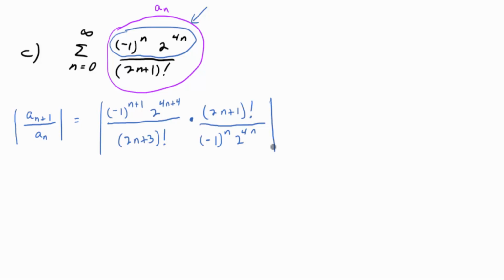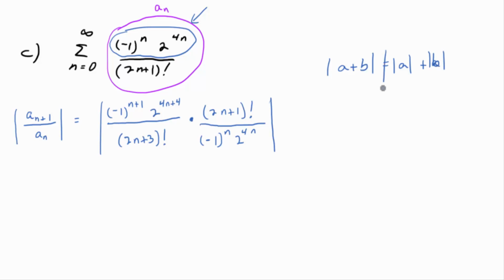Okay, now the absolute values split up over multiplication and division, not over addition and subtraction. Don't ever try to write, unless one is 1 and one is 0, don't write this down please, absolute value of a plus b is equal to absolute value of a plus absolute value of b.